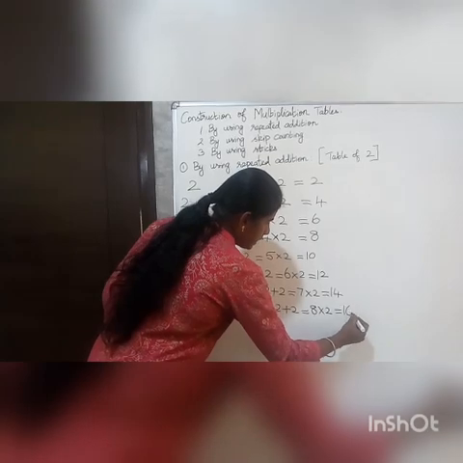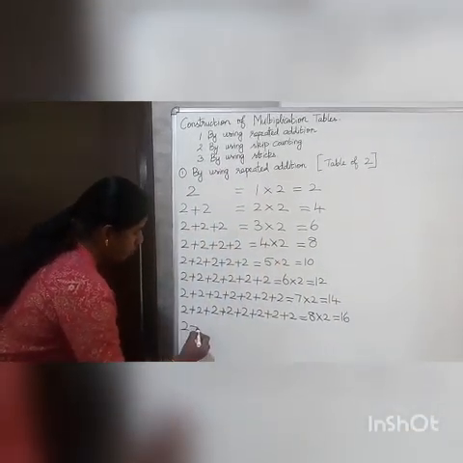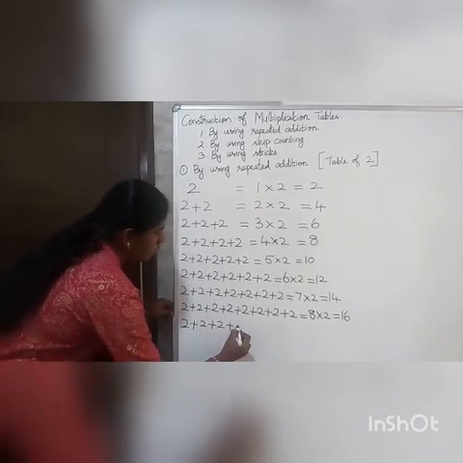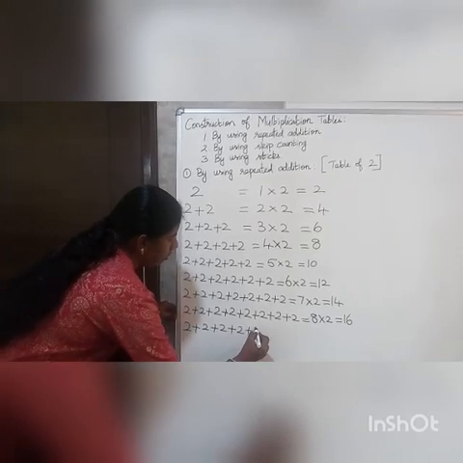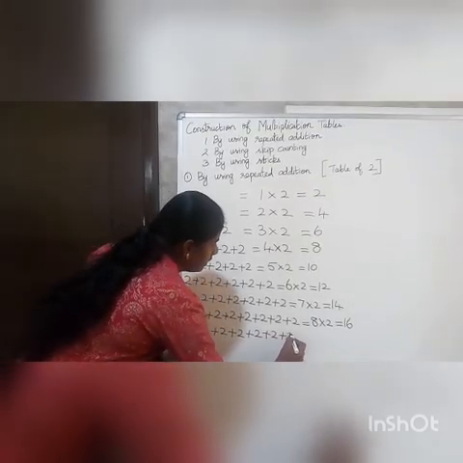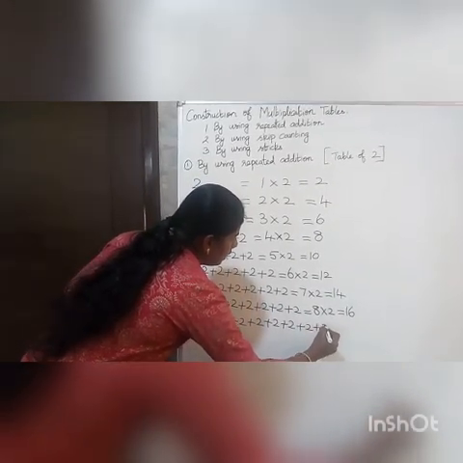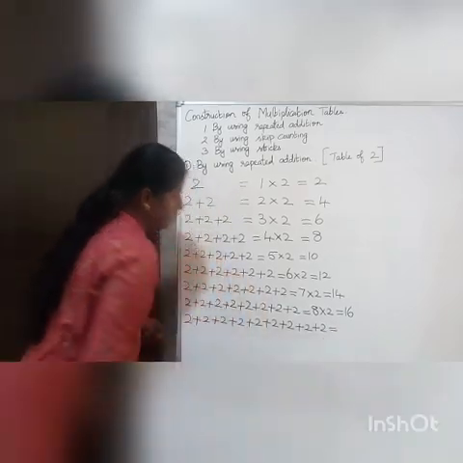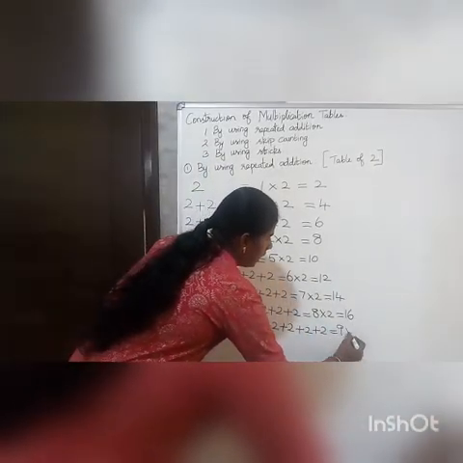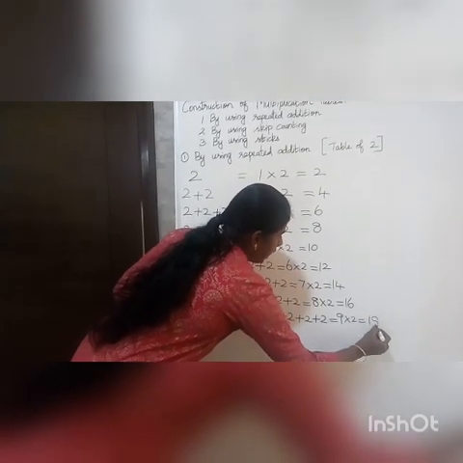The next one is 9 times. 1, 2, 3, 4, 5, 6, 7, 8, 9. So 9 times we are adding 2, which is 9 times 2, or 9 2's are 18.